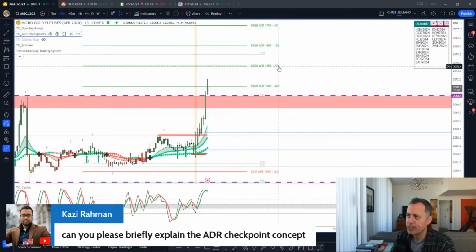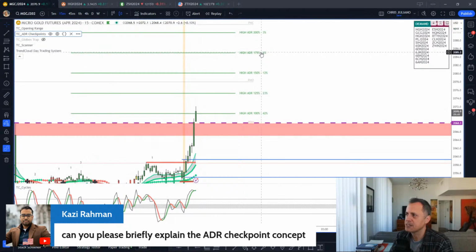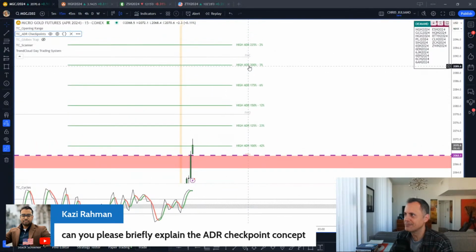And it has a 23% chance to go to this level, 150% of its average daily range. And so on and so on. 12% chance to get to here, 6% chance to get to 200%, and only a 3% chance of going to 225%. It's just an interesting number to look at, you know.